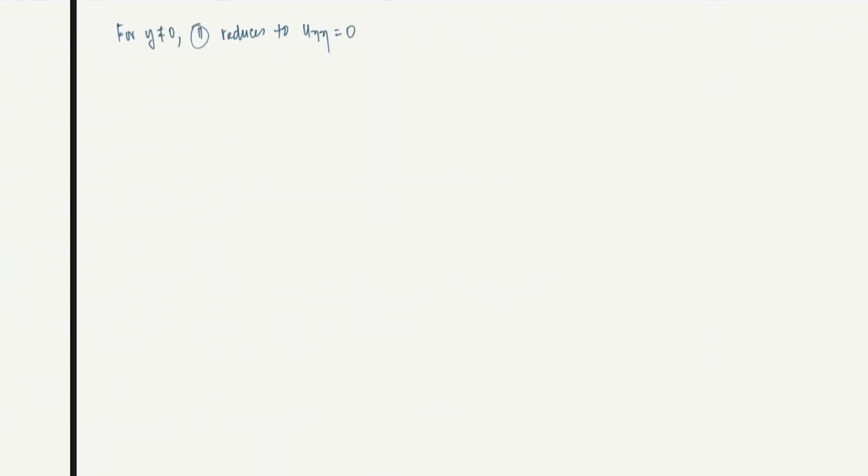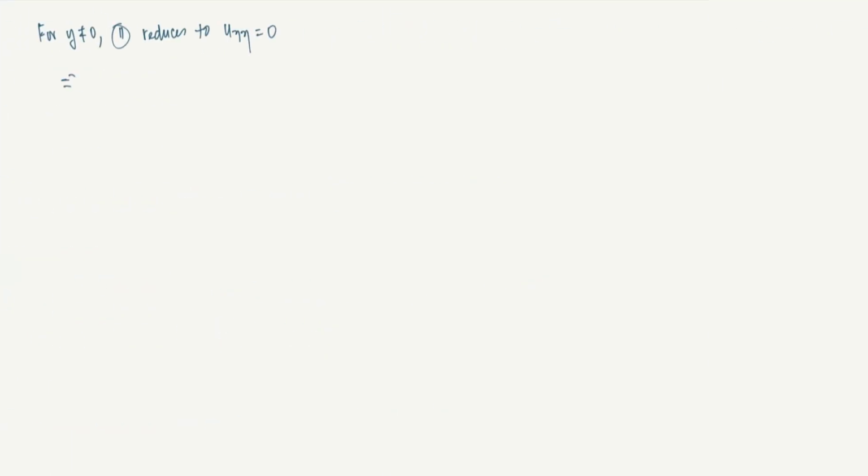Clear? See, if u_eta_eta equals 0, that will imply u as a function of xi and eta will look like... basically we want to solve it. First of all, what is u_eta in this case? u_eta will be some function, we have already used a, so maybe we will use some other function p of xi, plus another constant c1.